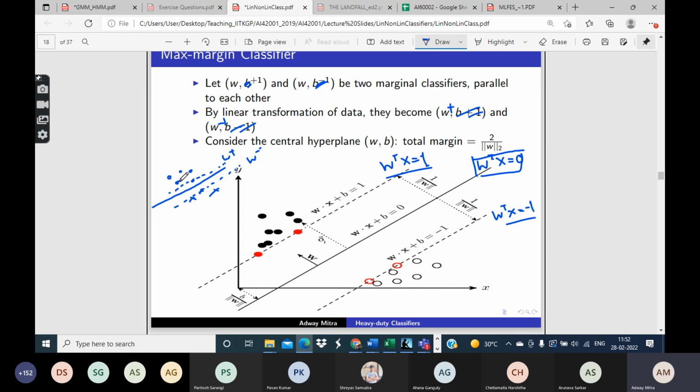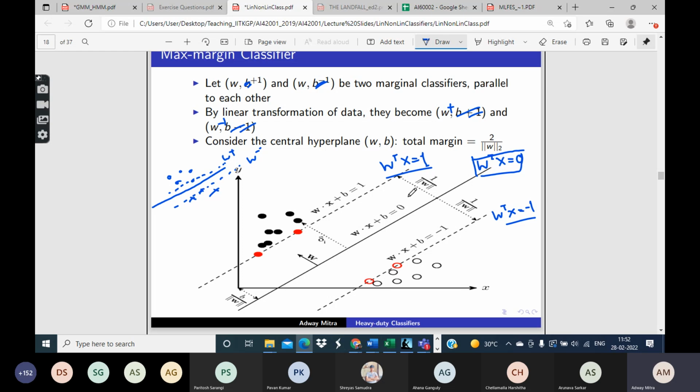So we can always scale the feature values by some factor so that they become proportionately far apart from each other in the feature space, and their distance actually becomes 1.